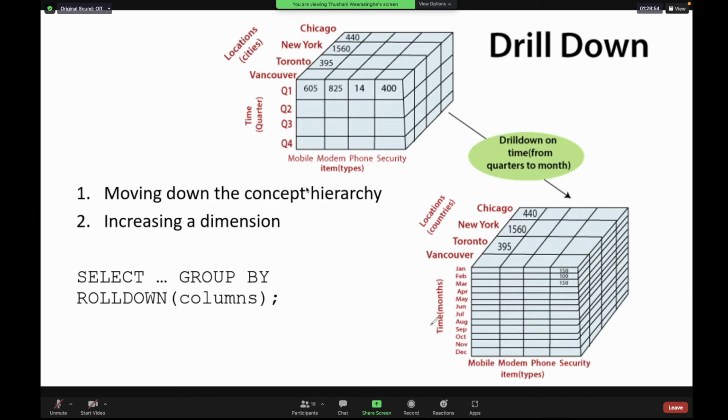Can you see here? Lots of fields appearing right now. Earlier we had time quarters, the first quarter, second quarter, third quarter, fourth quarter. Now we have all the months here. All right, did you understand? Hello.